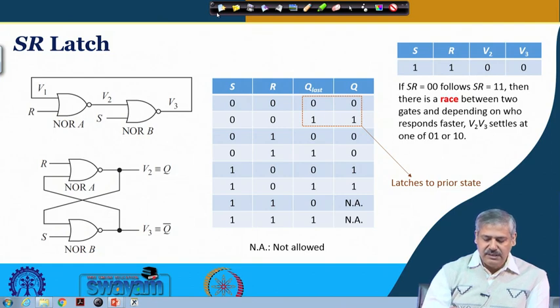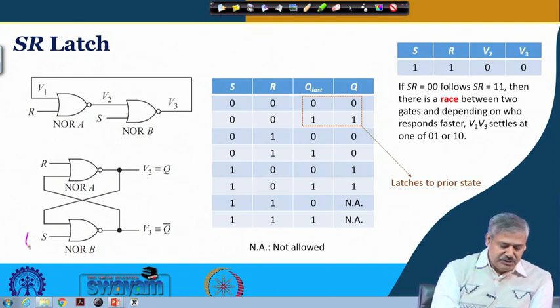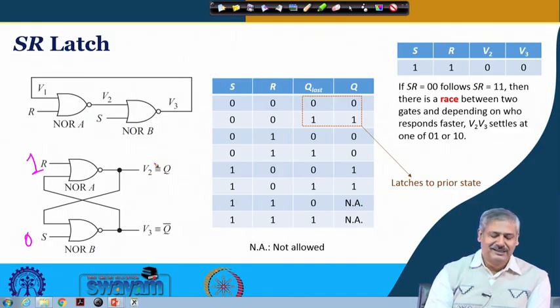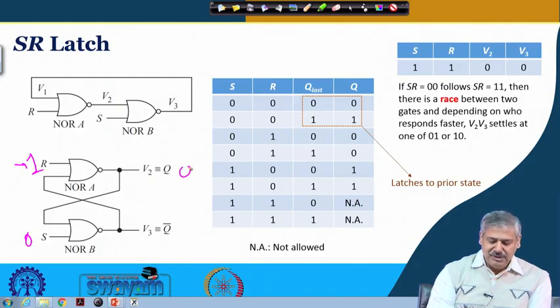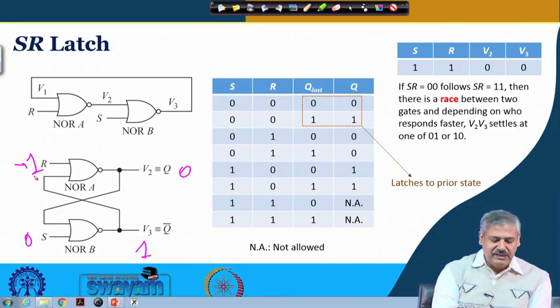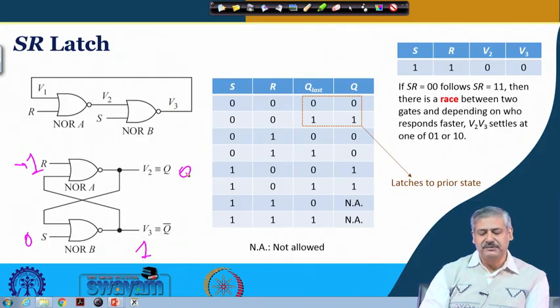Now, let us see if you present a 0 here and a 1 here. Okay. So, 1 is a forcing input irrespective of whatever was the past value or so, because this is coming from an external. So, this will make it 0, right, and this 0 0 will make it 1 even if the previous value was 0 or 1 or whatever. So, ultimately this 1 forces it to be 0.